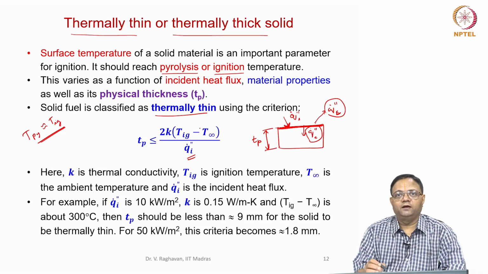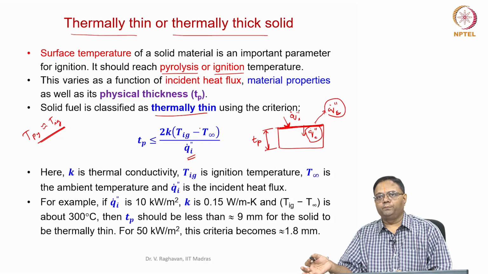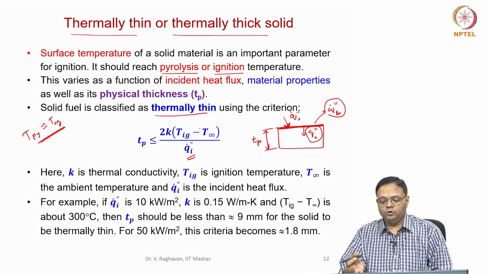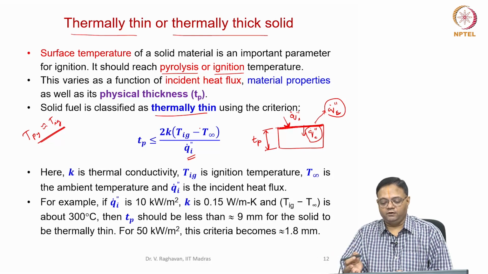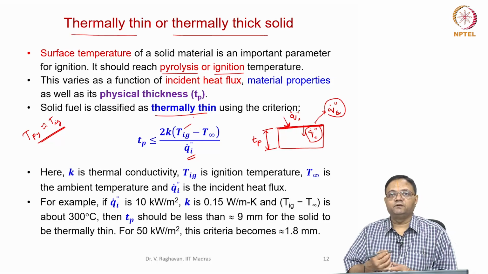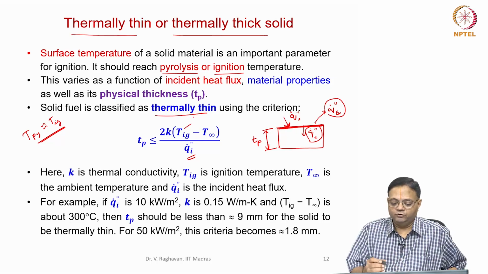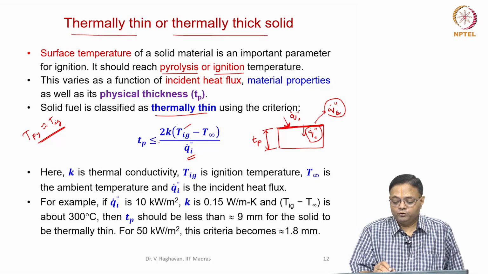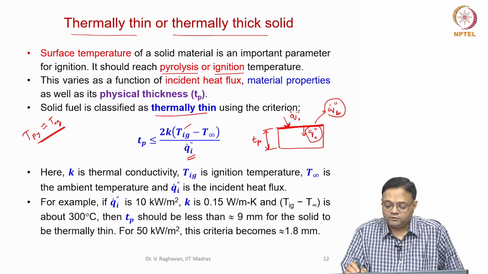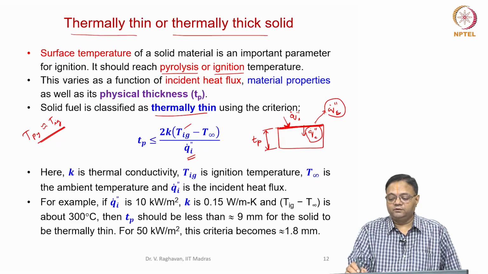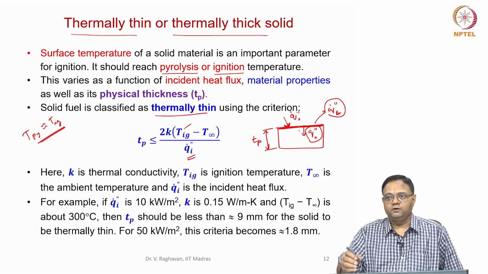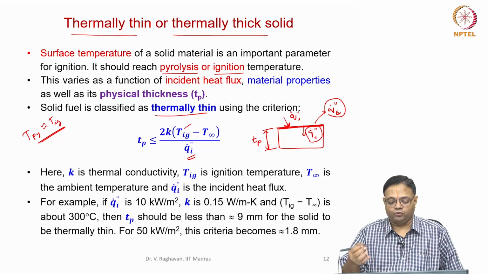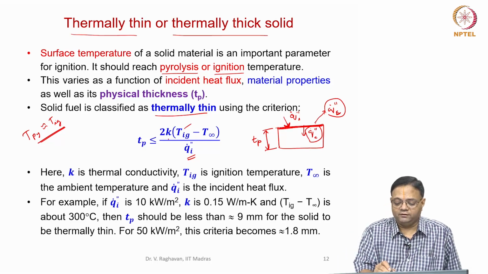Initially, let us say T ambient is at low temperature, and that is the initial temperature of the solid itself, and T ignition is the temperature at which pyrolysis or ignition occurs. So, this is the rise in temperature required, and this depends upon the heat conduction. Basically, the heat flux comes in and there is heat which is conducted inside, so the temperature rises.